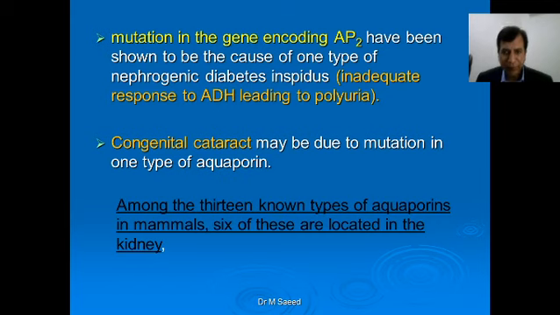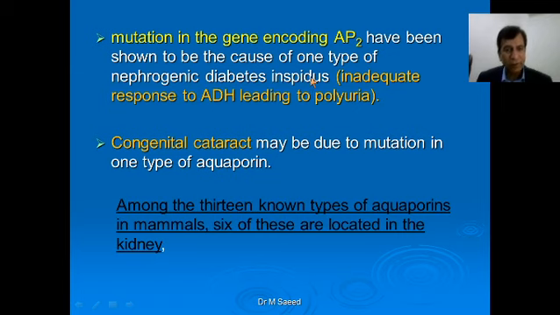As the name shows, antidiuretic hormone does not let water be wasted or excreted in the urine. So if antidiuretic hormone is not functioning, it will lead to polyuria. And because the cause of this diabetes insipidus is in the kidney, we call it nephrogenic diabetes insipidus.